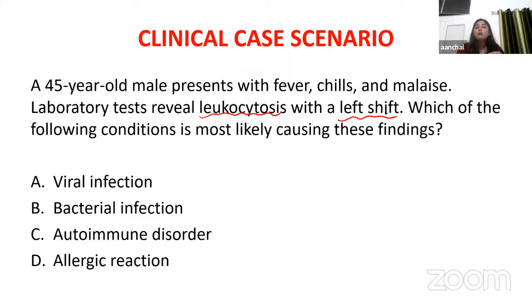Left shift means more consumption of neutrophils, right? And in which condition will the neutrophils be maximum? So you know the answer. Again, I'm giving you 10 seconds to answer. Which of the following conditions is most likely causing these findings, in which there is leukocytosis with a left shift? We have the options: viral infection, bacterial infection, autoimmune disorder, and allergic reactions. You have 10 seconds to answer.